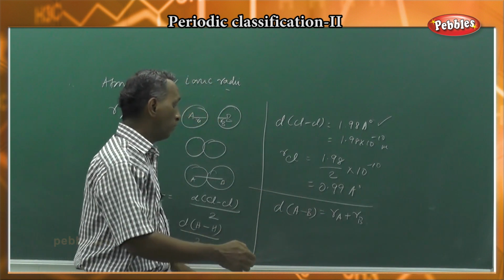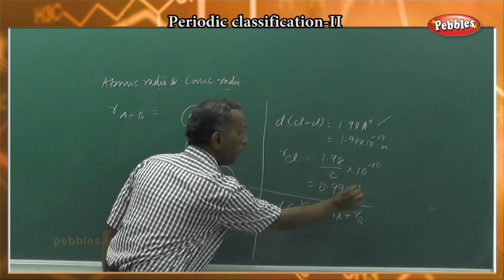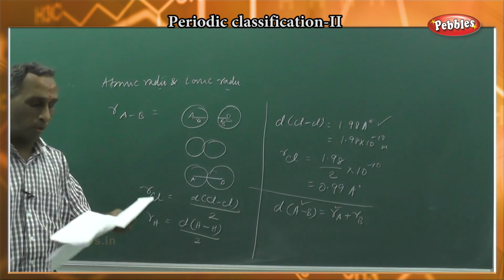In this case, they will give any two of the parameters and you will be required to calculate the third.